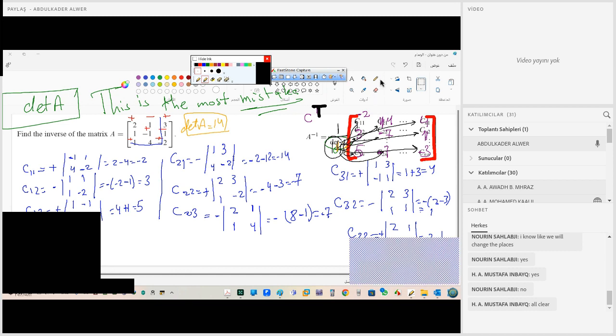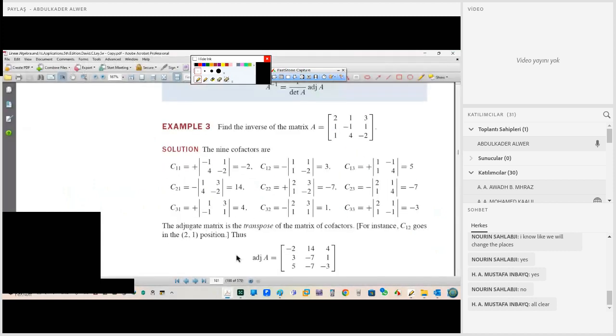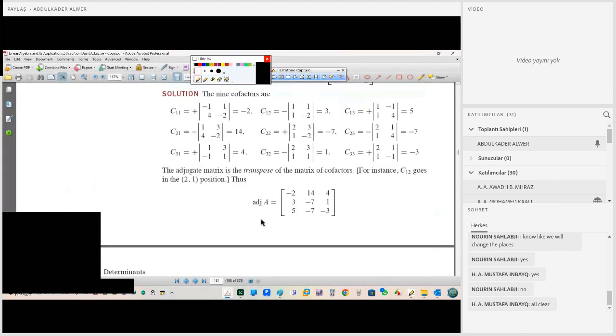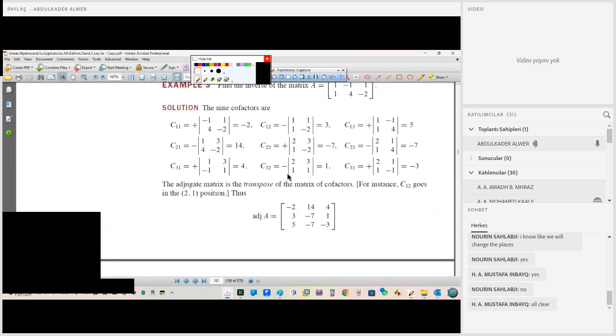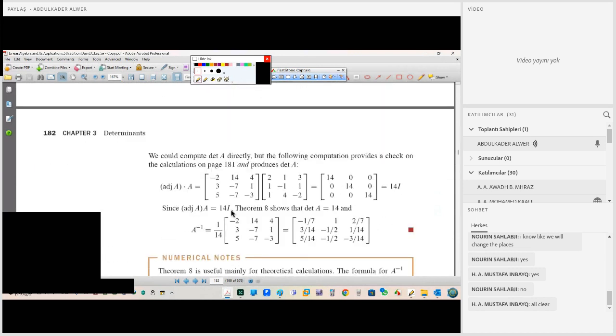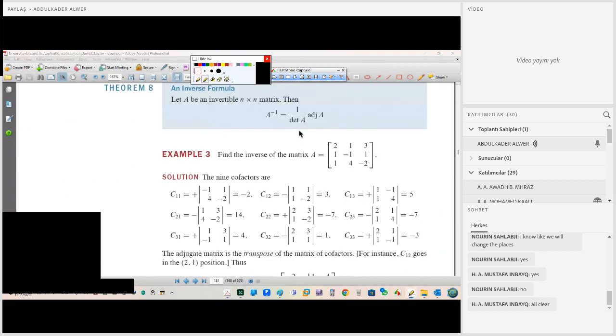Okay. See our book. See, this is our book. In your book also, he made the mistake. He calculated C11, as you see here, then calculated the determinant, and this is wrong. First of all, he must calculate the determinant of A, because here see it is 1 over det A first, then the adjugate or adjoint.